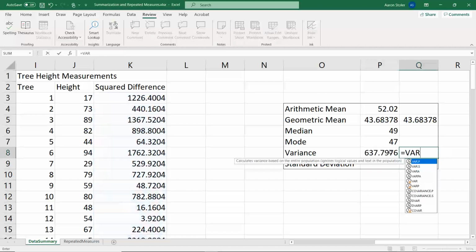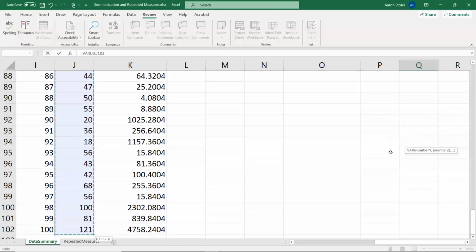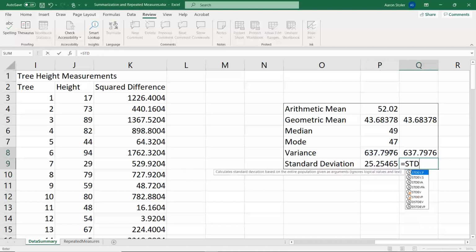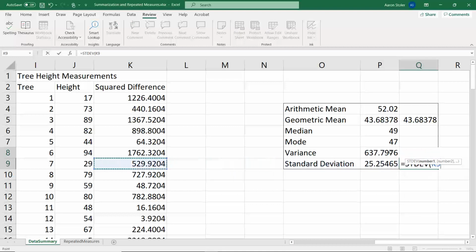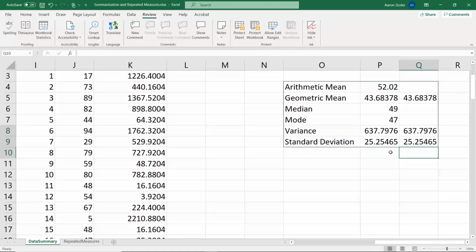We can check ourselves by typing in var and then height, and we got the exact same number. Once again, the standard deviation is equal to the square root of the variance, and we can check ourselves here by typing in stdev, and sure enough, we got the exact same number.